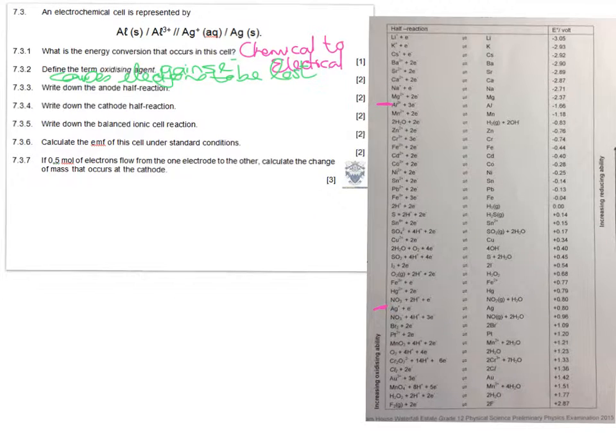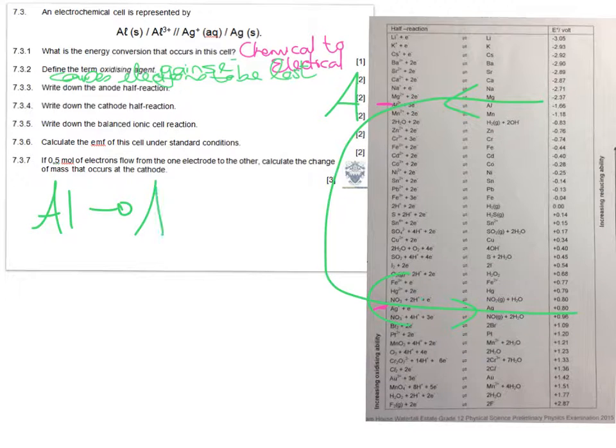And we can quite clearly see that aluminium goes backwards and that goes forward, the silver goes forwards. So the aluminium is going to get oxidized, and therefore it is going to be at the anode, and this will be your cathode. And so you're going to first write down Al goes to Al3 plus 3 electrons. I just wrote that backwards, so I'm going to change its sign, 1,66 positive.